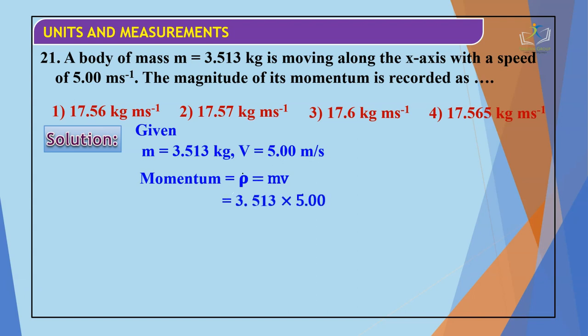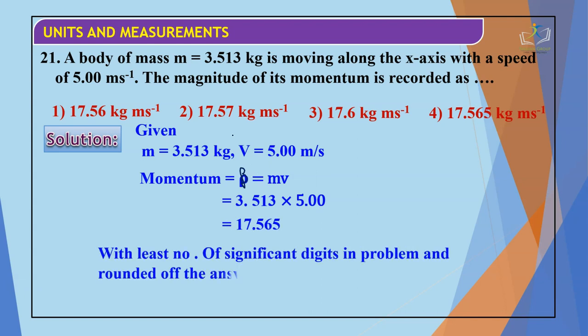This is not rho actually, students, this is p. We just put in all these values, and because the question asks for the least number of significant digits in the problem, we round the answer, so 17.6 kg meter per second is the correct answer with the significant values. I hope you are understanding, students.